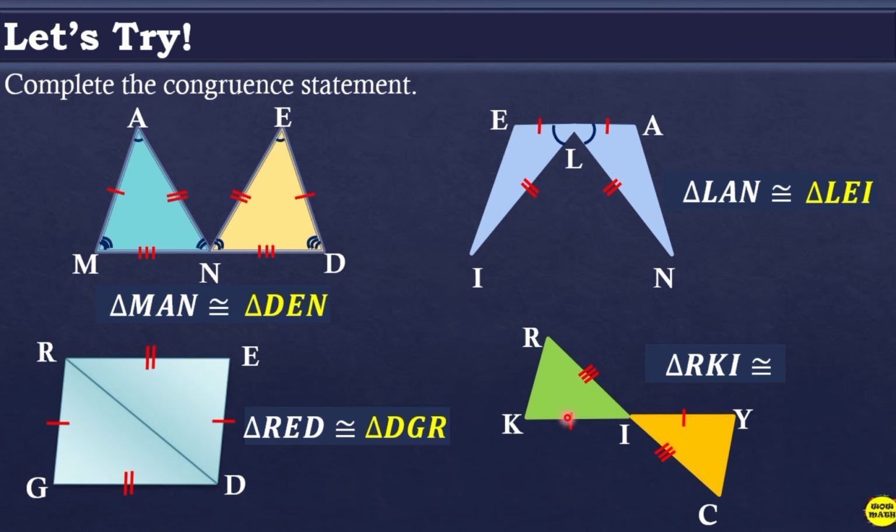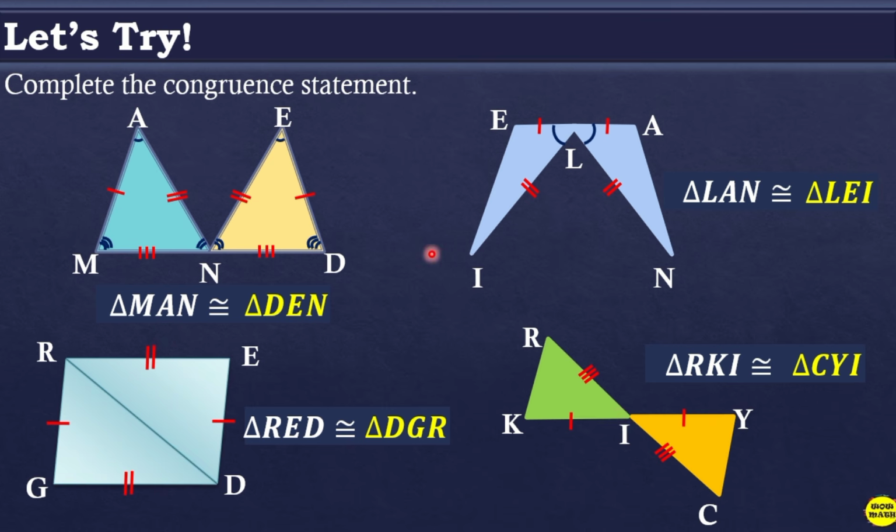Okay. Next, RKI. RKI. And then, ibig sabihin, dinaanan niya po itong, nauna yung single mark natin. So, C, Y, I. Okay. So, again ha, take note po, dapat hindi po pwedeng mag-rumble-rumble yung ating vertices when we are naming a triangle, or especially kapag congruent statement po.